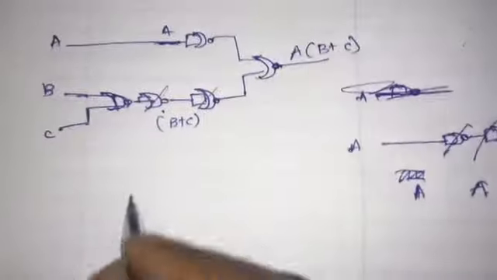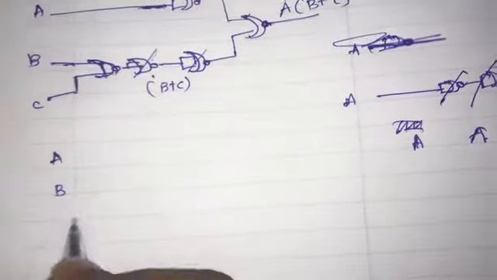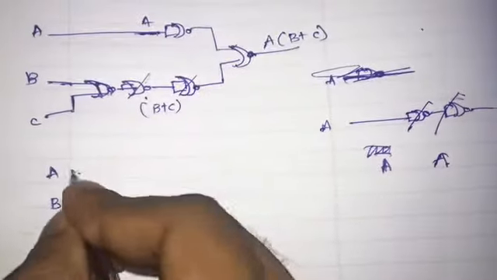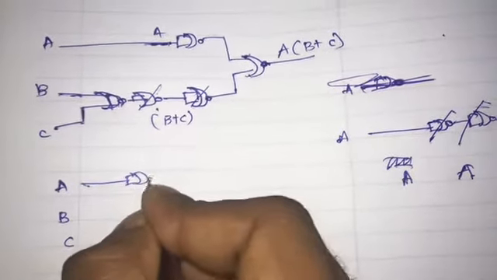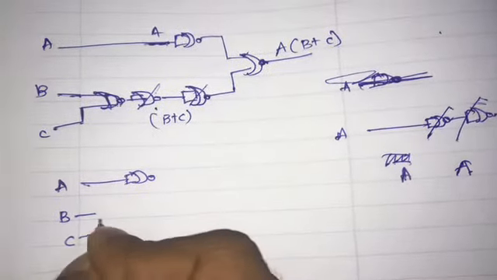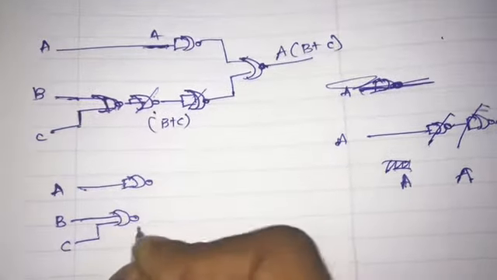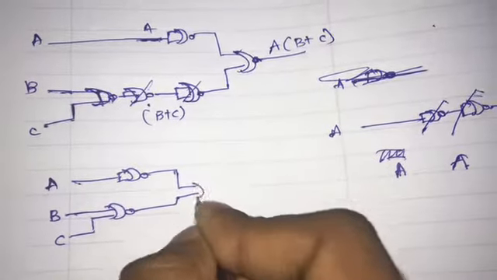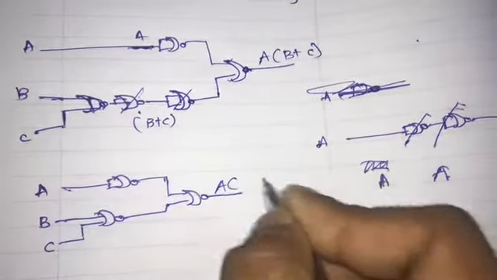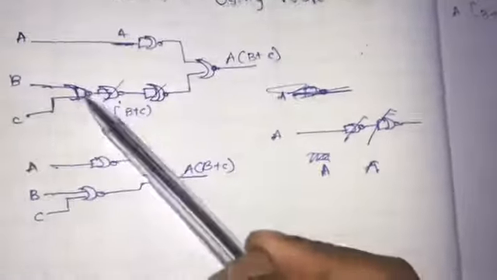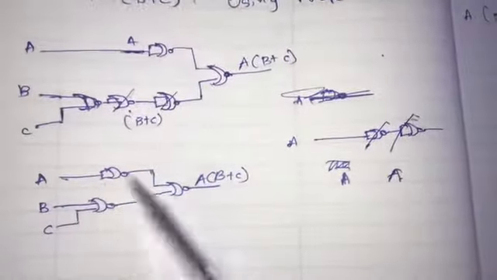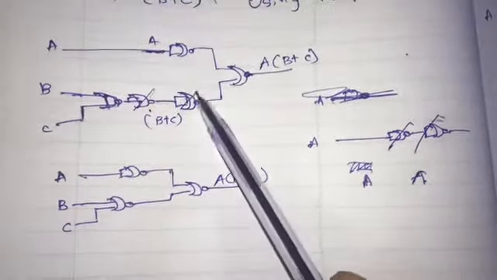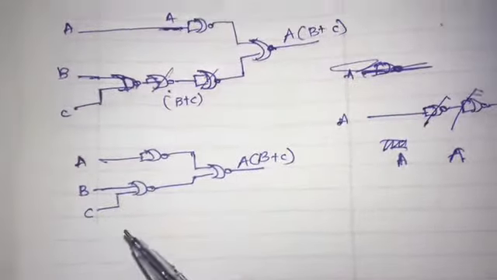So you cut those two off and then you get the final answer as A, B, C. We got this over here, this over here, and we cut these two off, and this is the final answer.